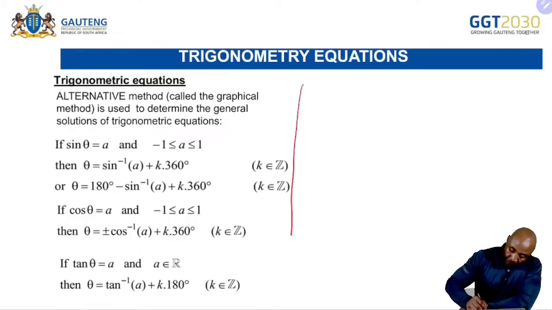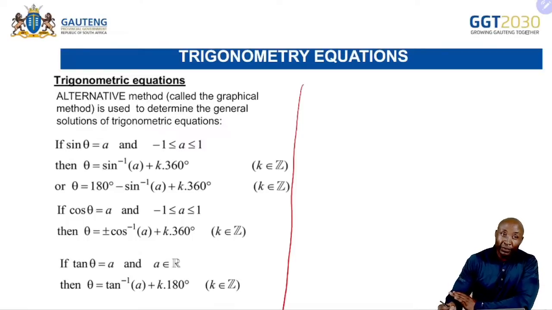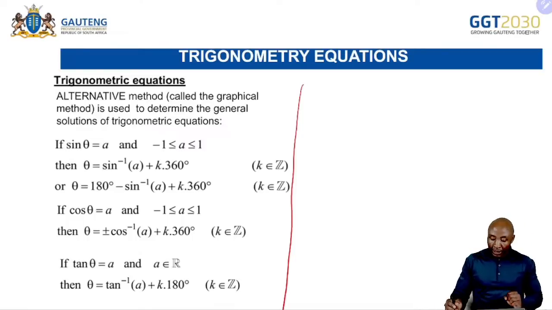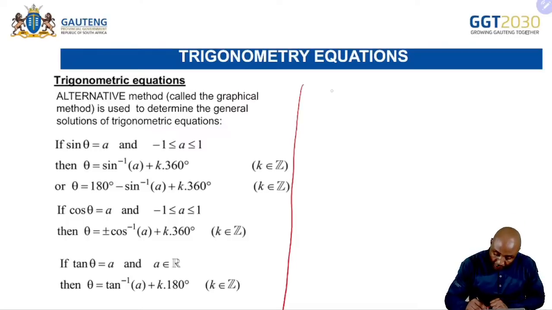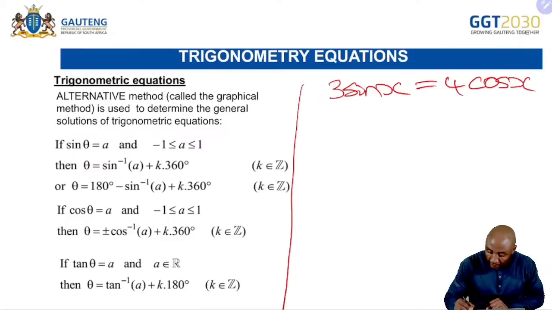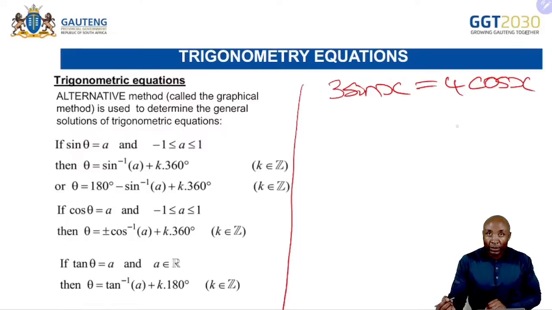And remember, for our general solutions, we have different types of trigonometric equations. We have the ones, for example, if I'm given 3 sine x is equal to 4 cos x. Find the general solution. If you move 4 cos x to one side, it will give you 3 sine x minus 4 cos x is equal to 0.